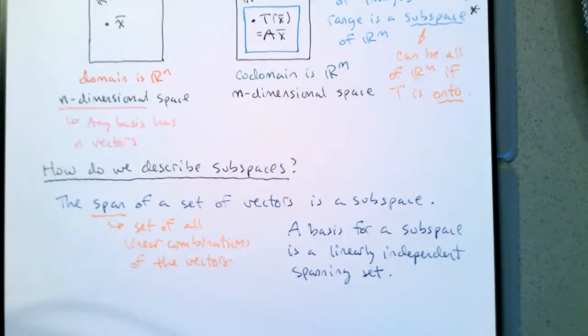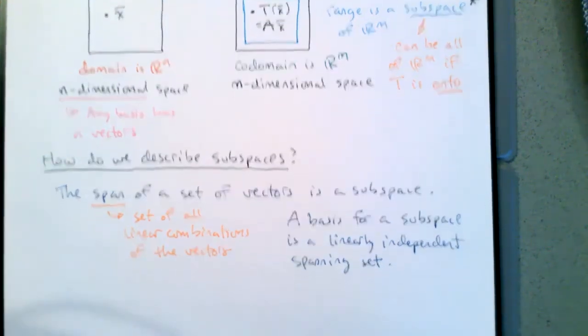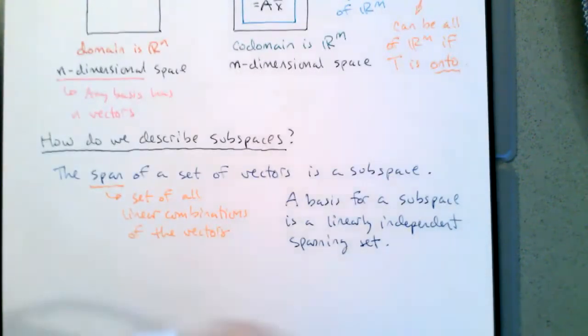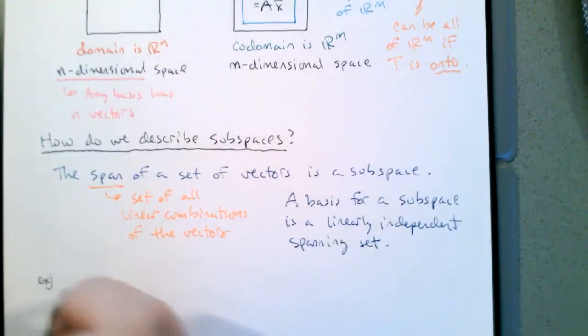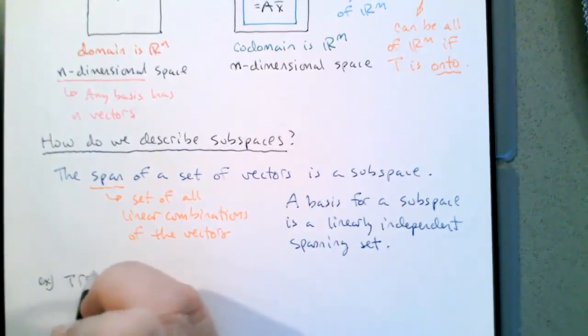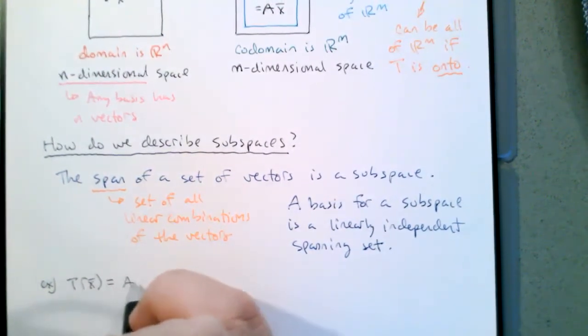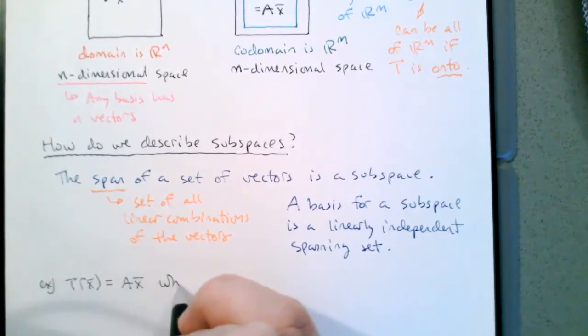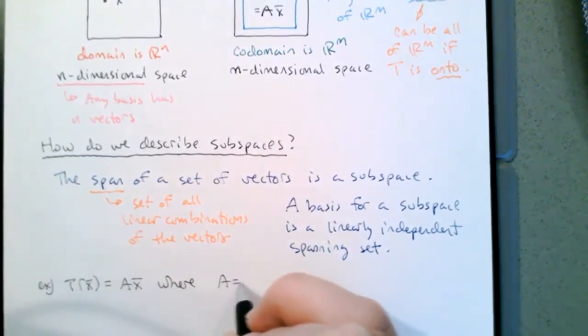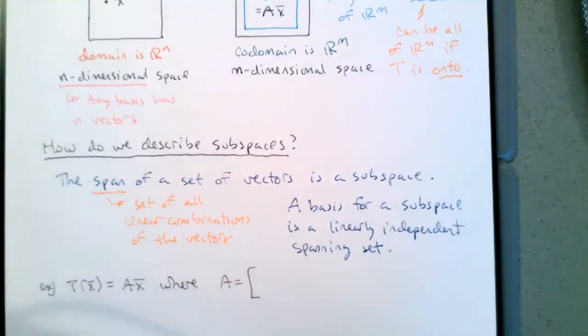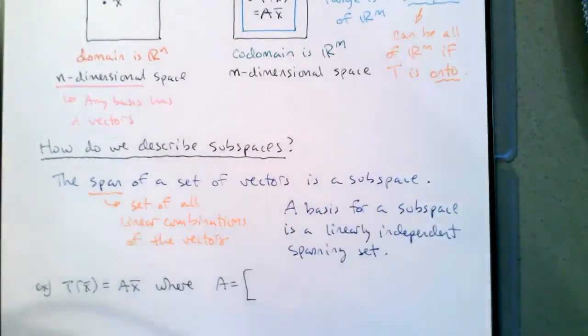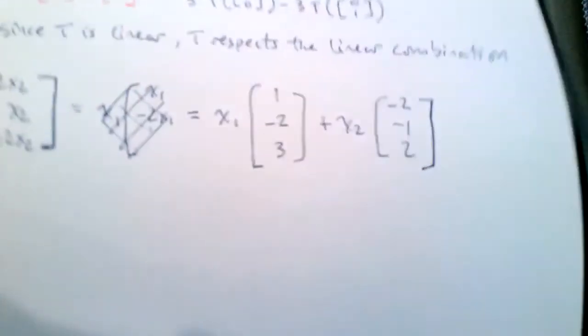So let's take our previous example where T of x is equal to Ax. That was a whole page ago. I can't be expected to remember something for a whole page.